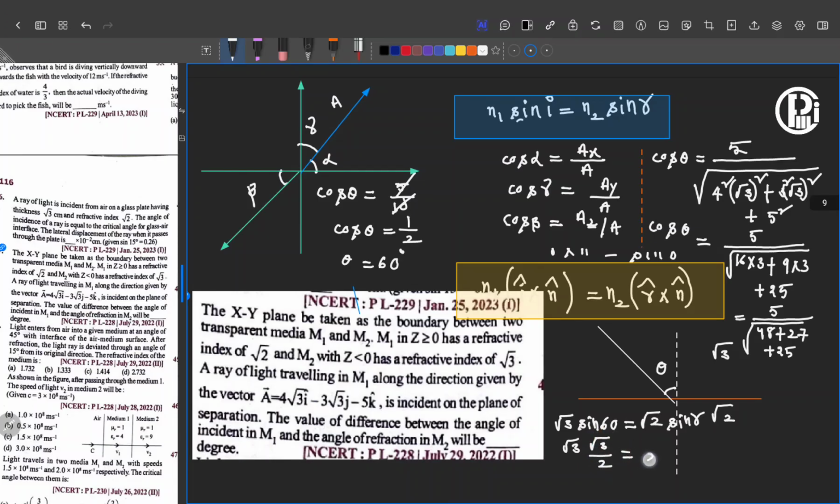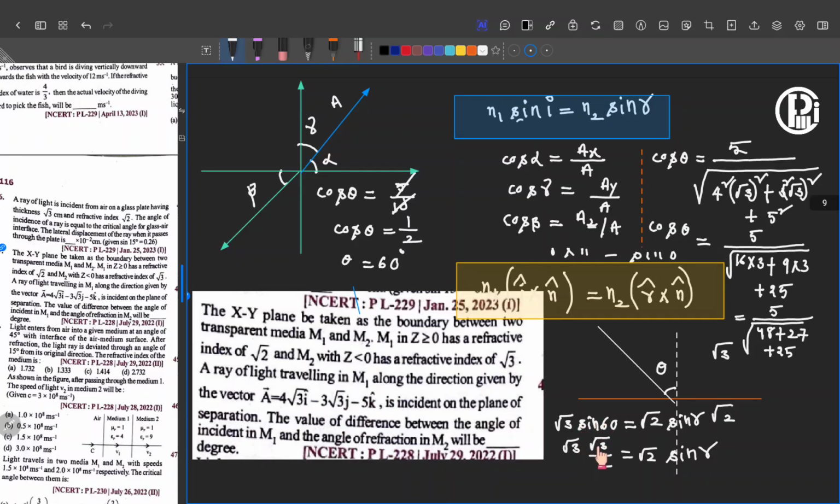It can be written as root 2 into sine r, right? So this is nothing but 3 by 2. There is a mistake here. What is the mistake? Sine 60 is how much?